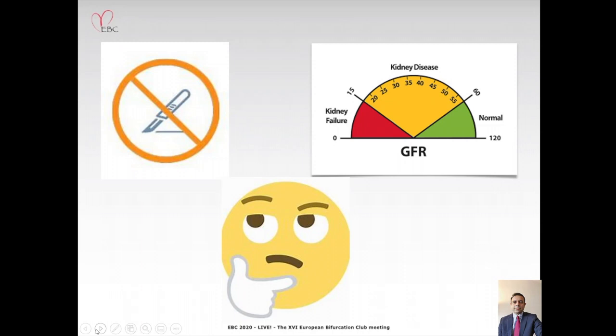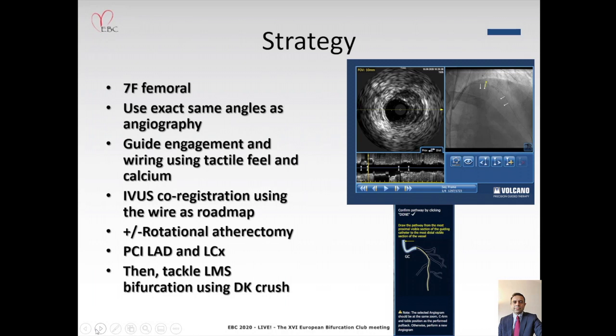And this case essentially takes us through the entire procedure, including the mid-vessel PCI and the DK crush of the left main using zero contrast. So absolutely no contrast using IVUS co-registration technology, and also goes through some of the challenges that one might face when doing such a case in such complex anatomy, in such a complex patient.